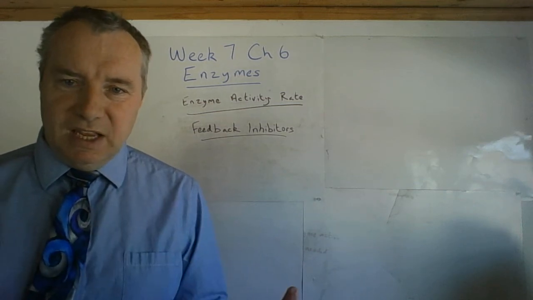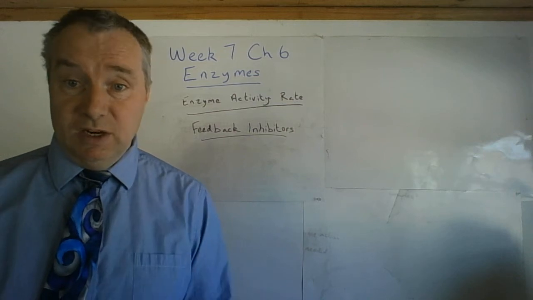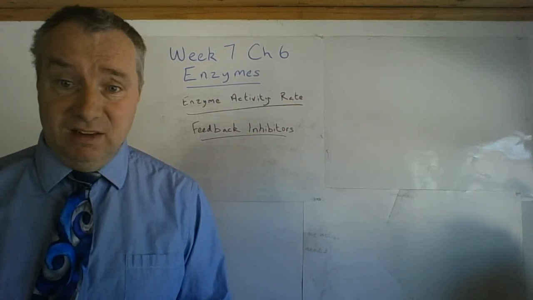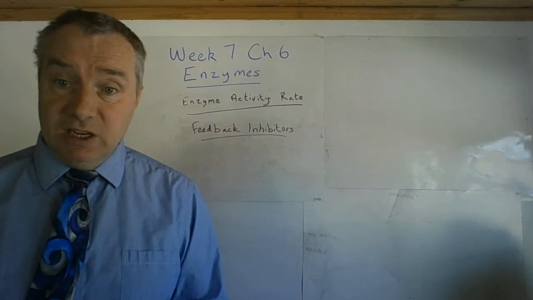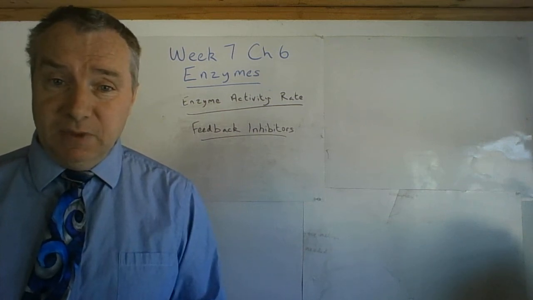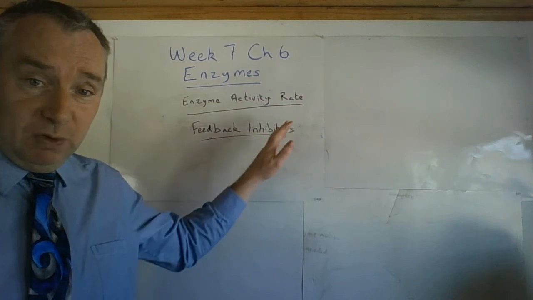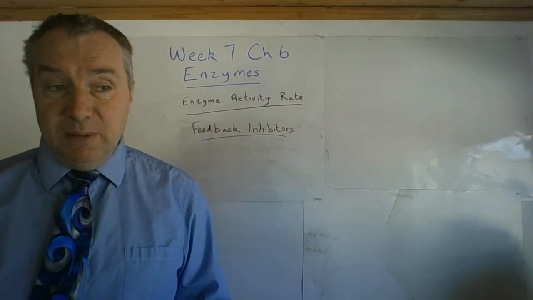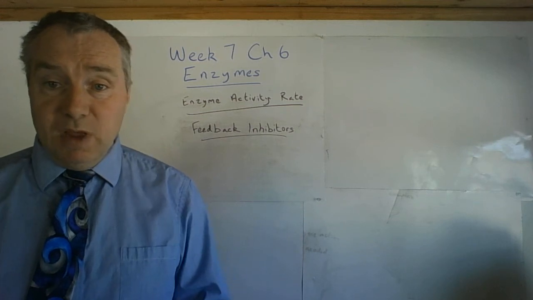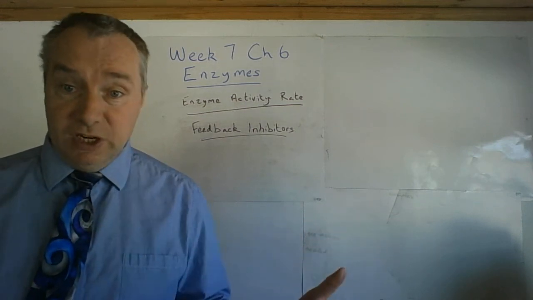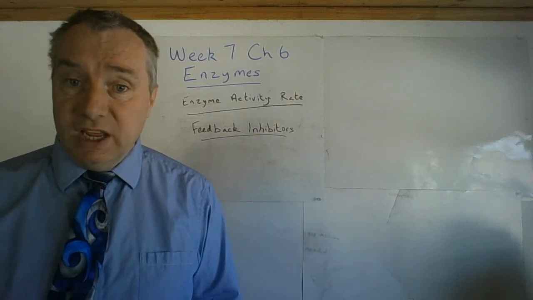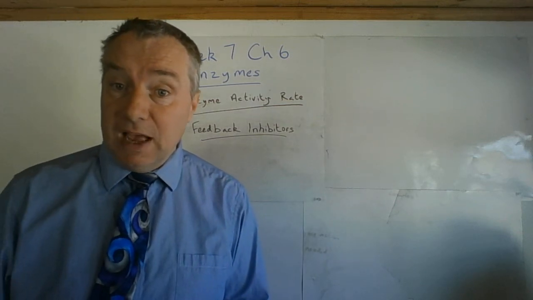When your body is synthesizing a product, there gets to be a point at which you have enough made, and you really want the reaction rate, the activity rate, to slow or perhaps stop. So your body's maybe got enough protein of a certain type and has sent out the message, okay, stop. And this is how this happens.